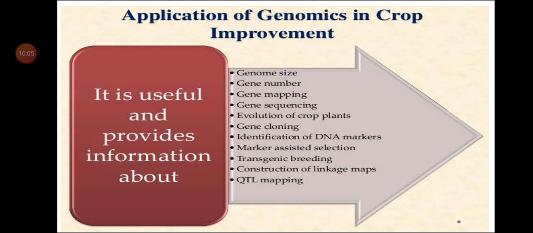It is useful and provides information about genome size, gene number, gene mapping, gene sequencing, evolution of crop plant, gene cloning, then identification of DNA markers, marker assisted selection, transgenic breeding, construction, then QTL mapping. You did not study all these points in detail. Just remember that genomics is useful in crop improvement, human health and livestock.